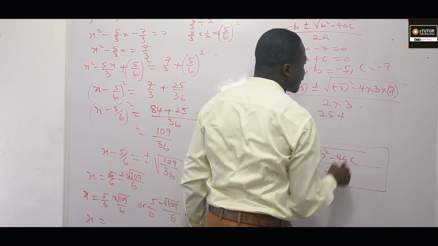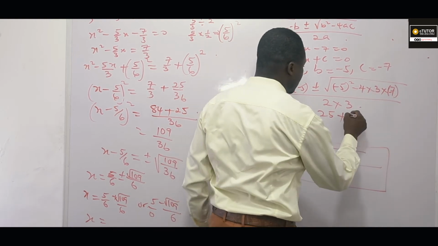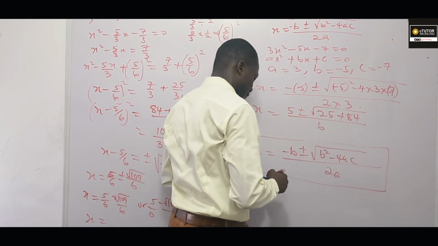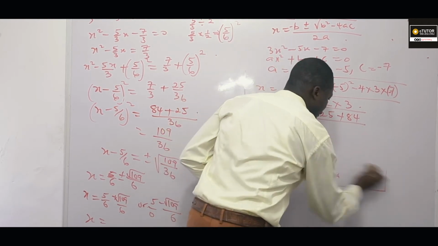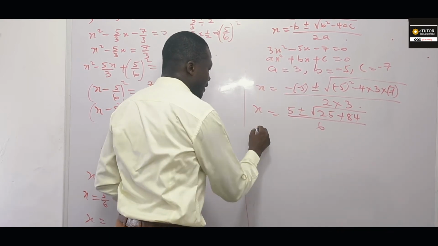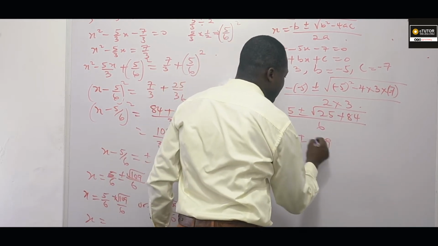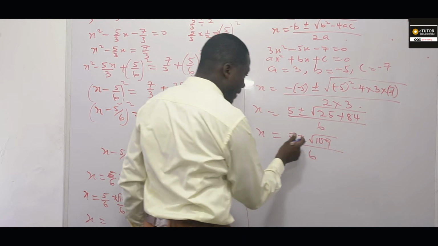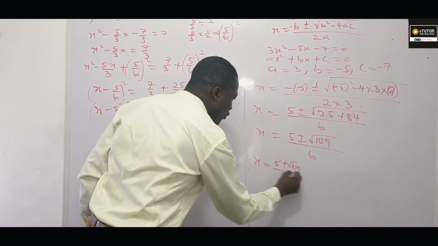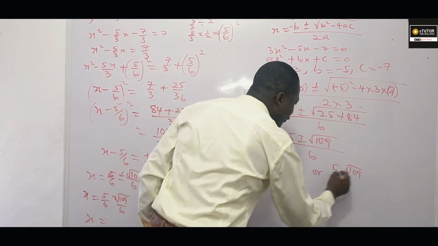Minus times minus is plus, 4 times 3 is 12, 12 times 7 is 84. All over 6. Finally, x equals 5 plus or minus √109 over 6, which means x equals (5 plus √109) over 6 or (5 minus √109) over 6.